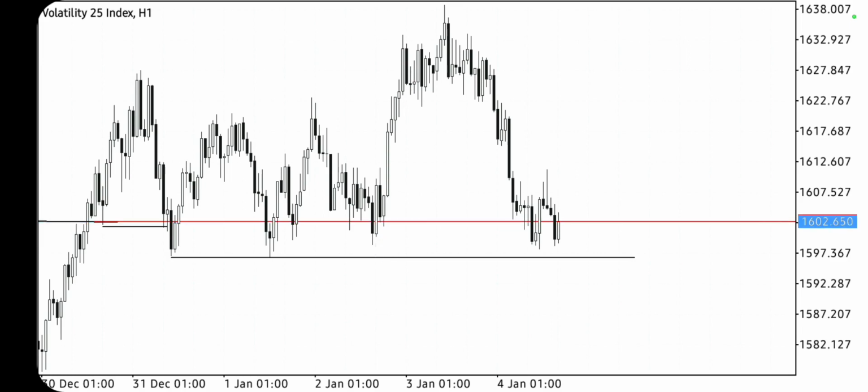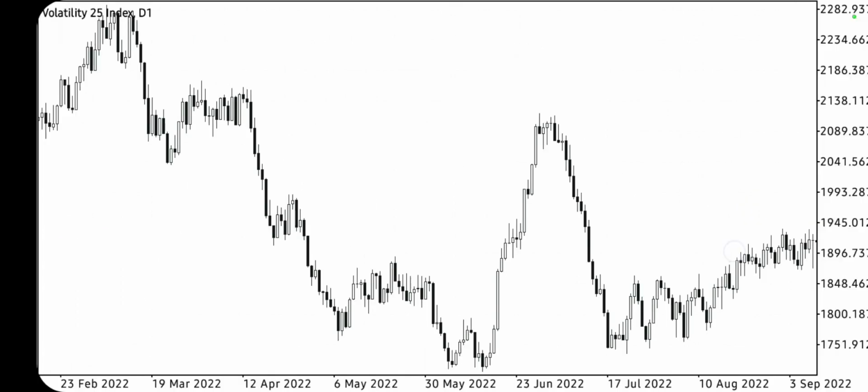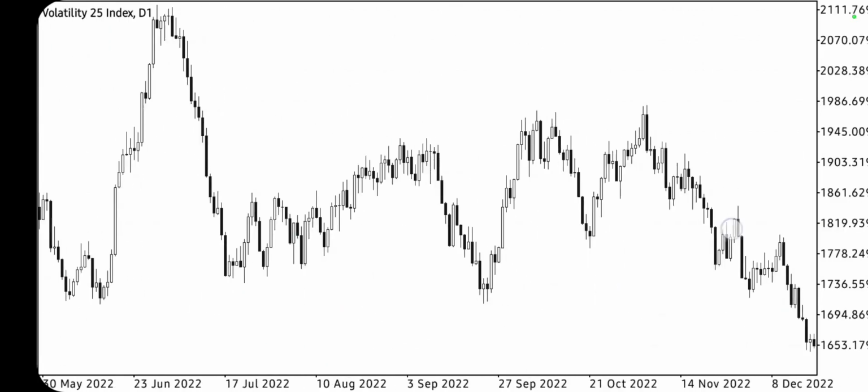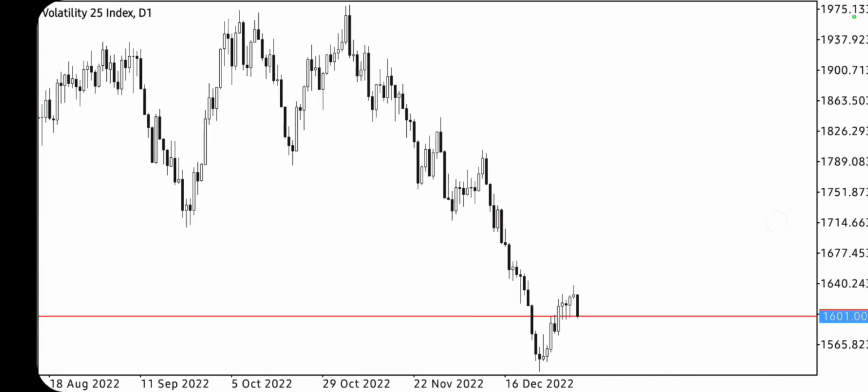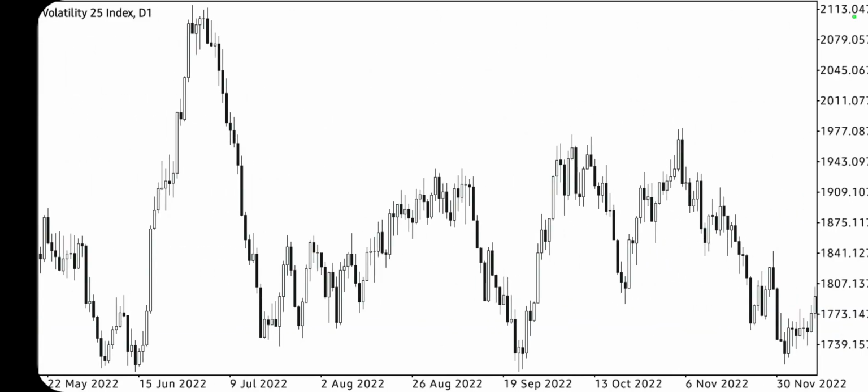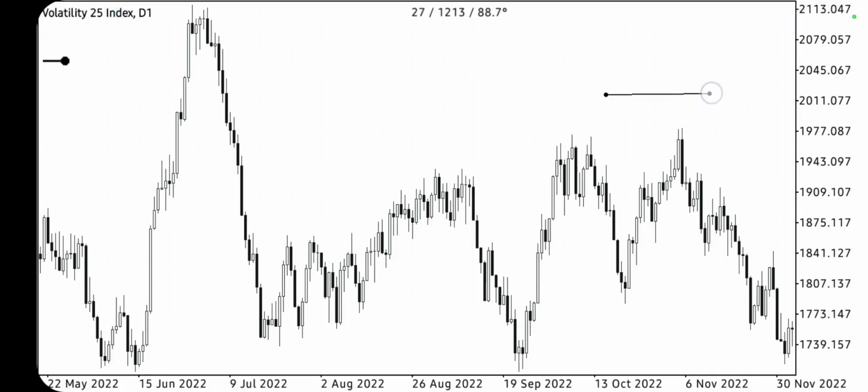Now, the second characteristic of major liquidity is haunt of liquidity. That is a high or a low that the market entered before breaking a structure. This is the daily time frame here.